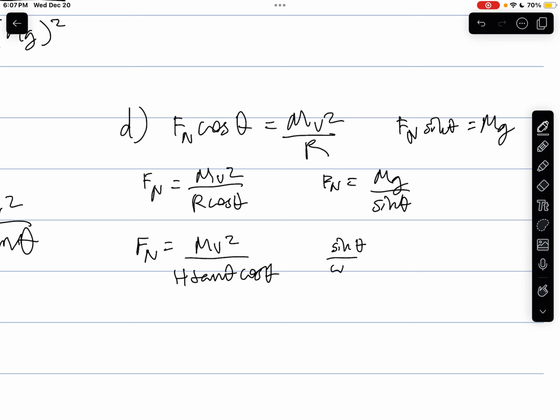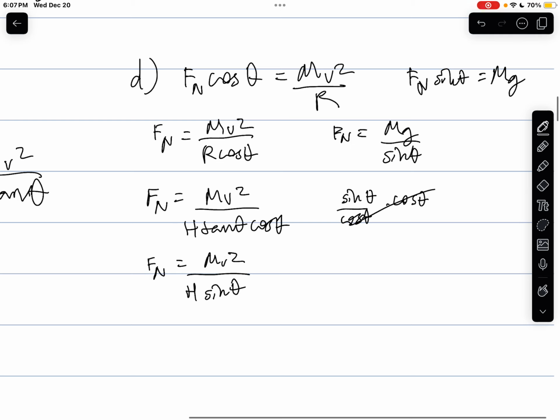And tan of theta is sine over cosine. So tan times cosine, the cosines will cancel, so you're just left with sine of theta, which is going to be mv squared over h sine of theta.